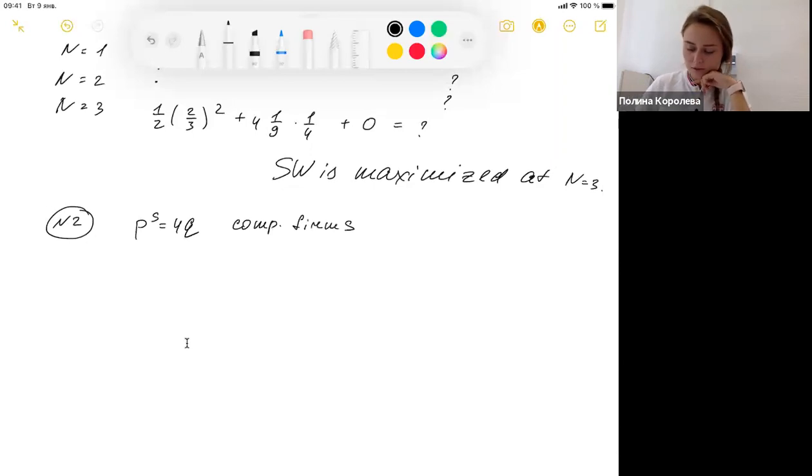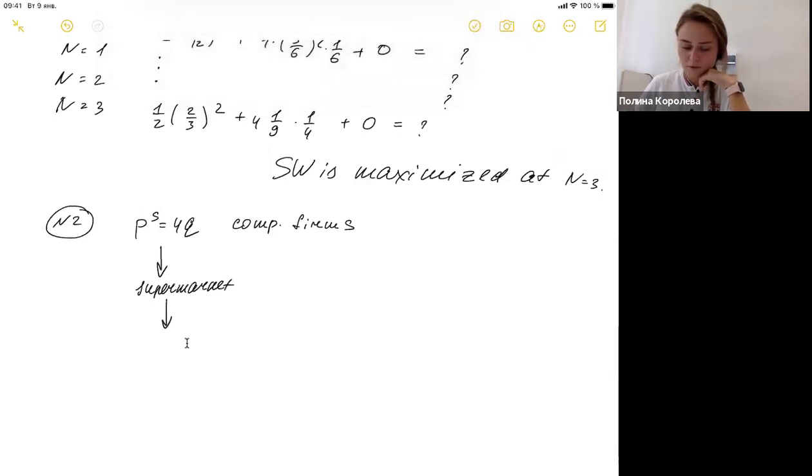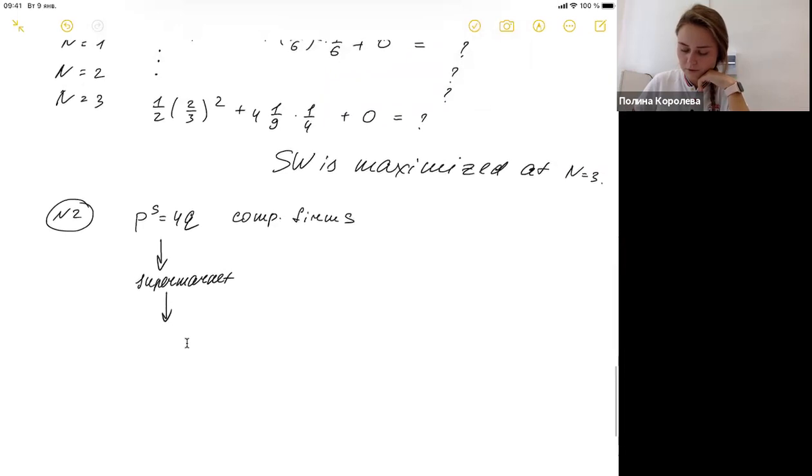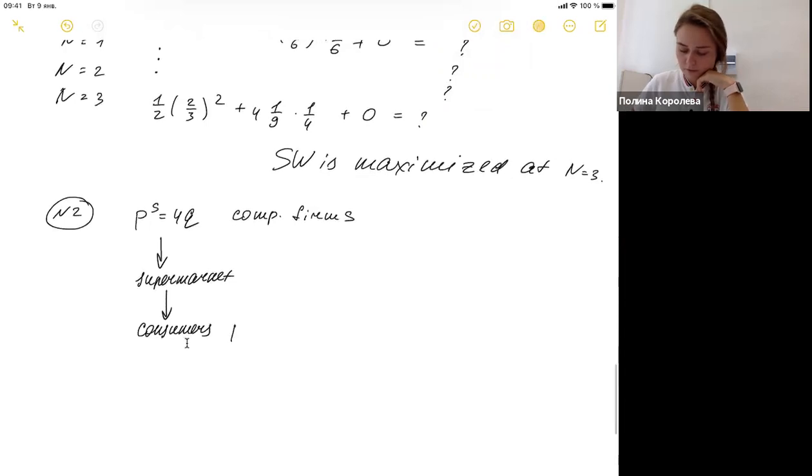So these farmers sell apples to a supermarket, and then the supermarket sells apples to consumers, with the market demand 1 minus 3Q.